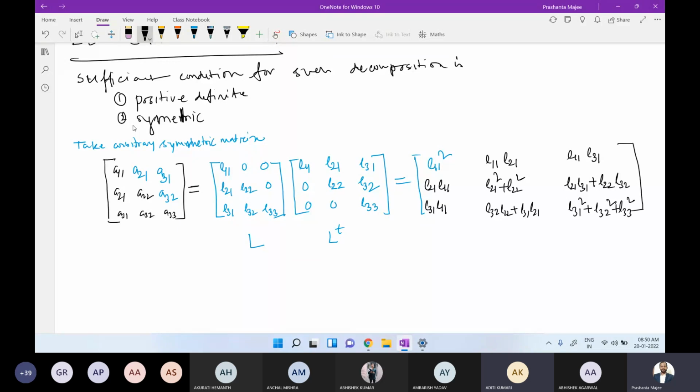Now if you consider L into L transpose, what is the multiplication matrix? Is that symmetric? Yes, these elements are the same. So the product is also symmetric.